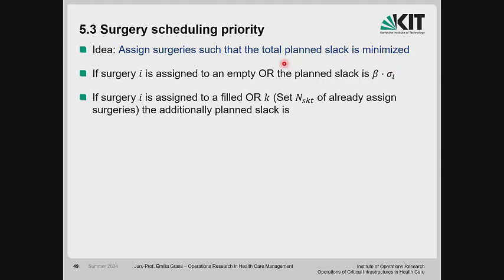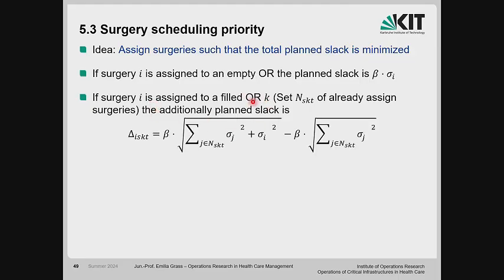If this operating room is already filled, then we can compute the additional planned slack. This is simply delta: the slack time of the previously assigned surgeries plus the current one, minus the previously planned slack time.